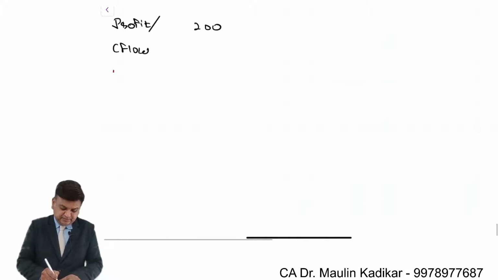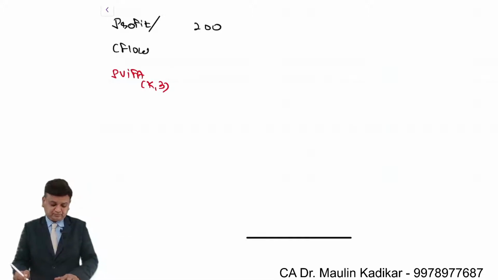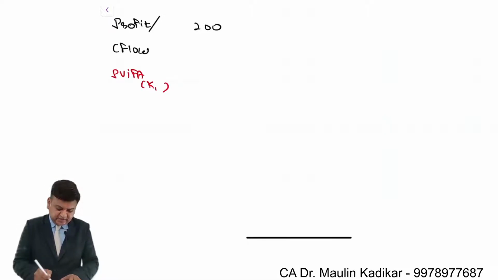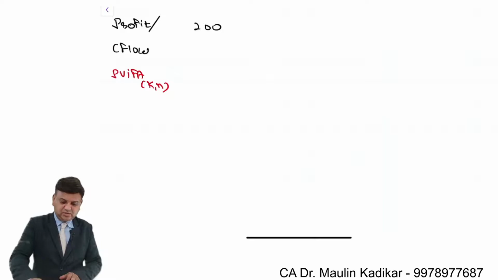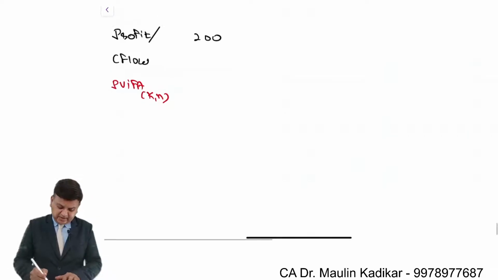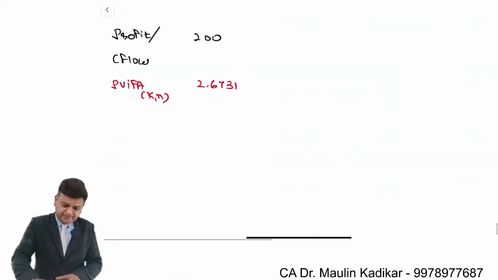Next is PVIFA at K cost of capital for 3 years. That is over here, that is K cost of capital for n number of years. For 6% we have to calculate the factors for 3 years. 1, 2, 3, 2.6731. 200 into 2.6731.